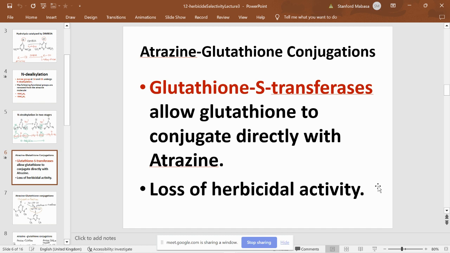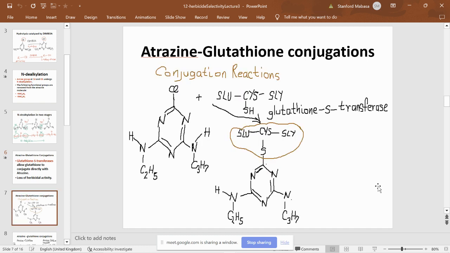And probably this is how selectivity can come about because of these biochemical reactions. This then is the atrazine conjugated to this glutathione, which contains three amino acids, and it is the cysteine, which contains SH, which will then combine with the rest of the molecule of atrazine at the sulfur bond.